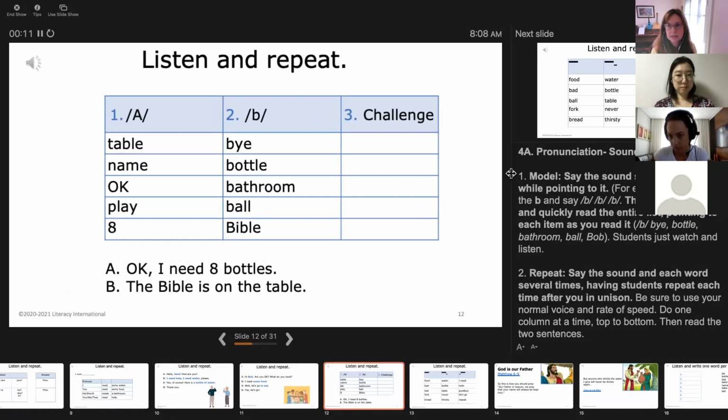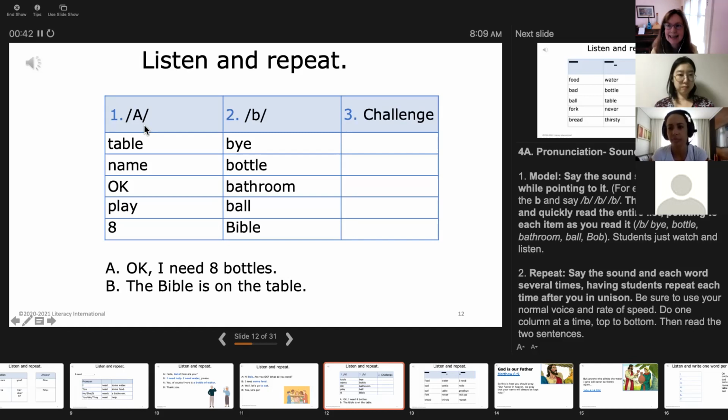So here, once again, you can see my whole screen in presenter view, but if I wanted to just show a portion of the screen, I could do that as well. But let's start here with our first sound, which is the long A sound, A. And so we start out by saying that sound a few times so our students can hear us and so they can see our mouths.